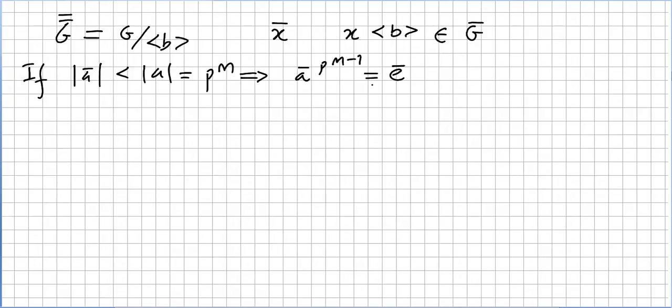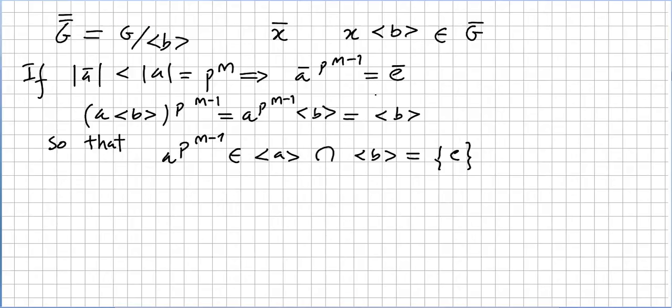What does that mean? This means that the left coset of the set generated by B times A to the power of P to the power of M minus 1 is equal to the set generated by B.